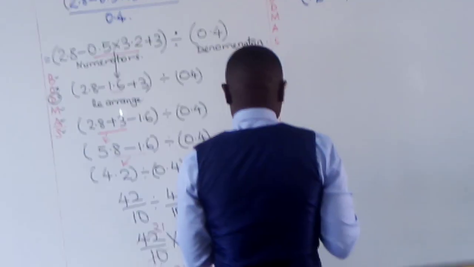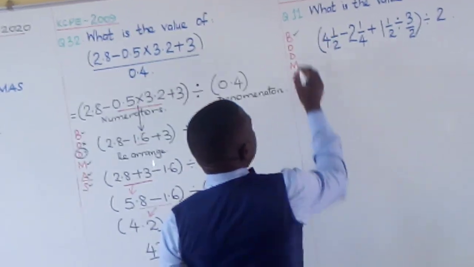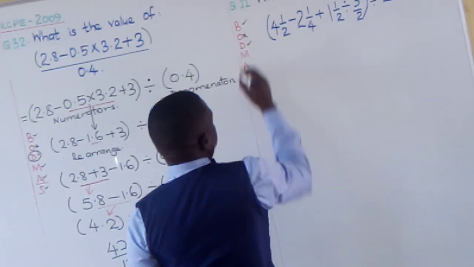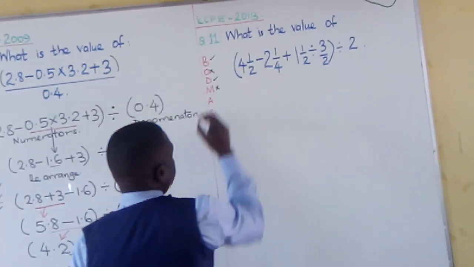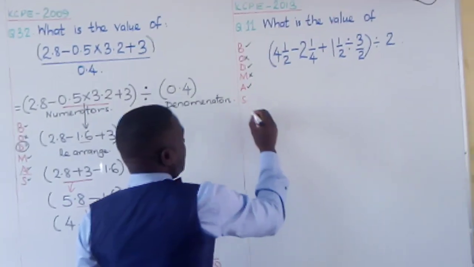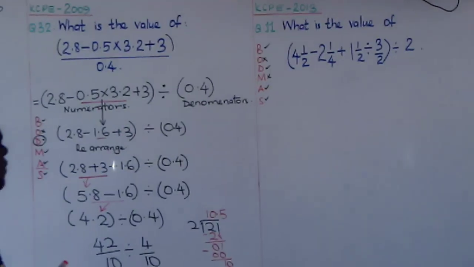Do we have brackets? Yes, we have. Do we have of? No, we don't. We have division? Correct, we have. Do we have multiplication? We don't. Do we have addition? Sure, we have addition and we have subtraction. Be very careful.